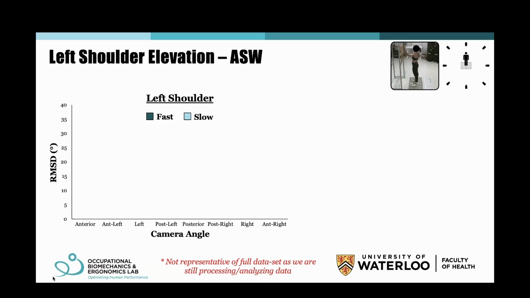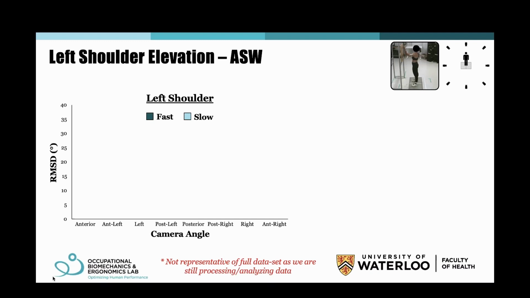First, we're going to look at shoulder elevation angle on the left side of the body, specifically for the above shoulder work task. Before getting into any of the graphs or data, all of the figures that I'm going to be presenting are set up very similarly. We have root mean squared difference along the y-axis.